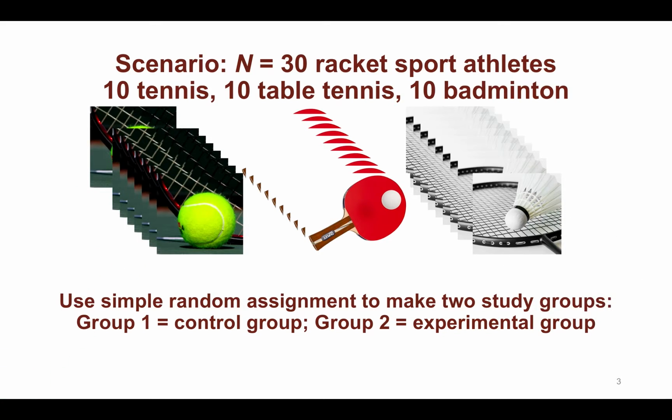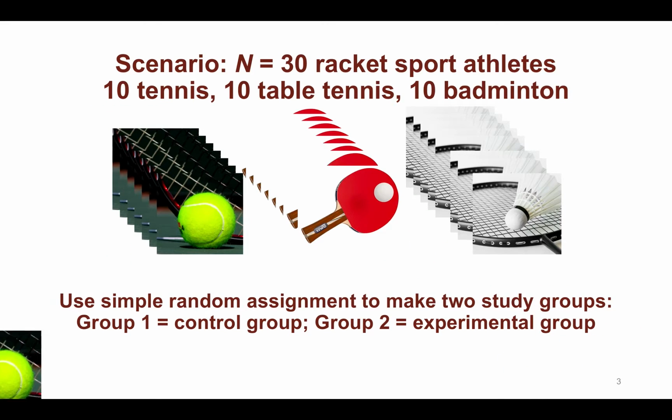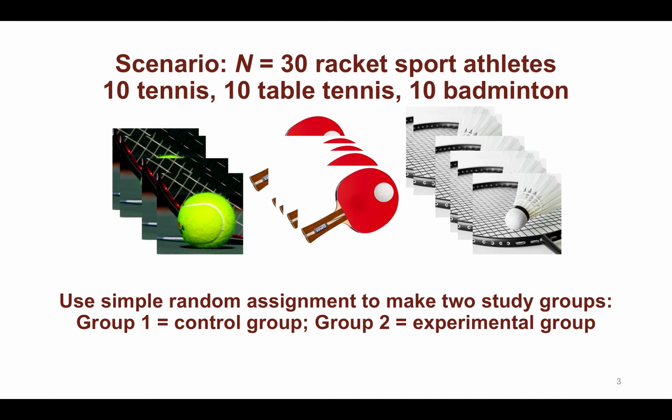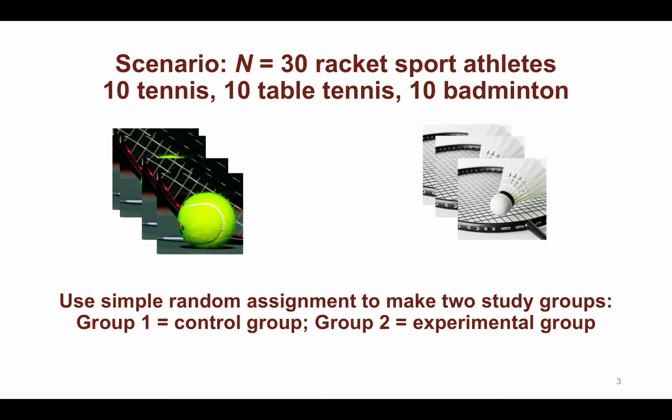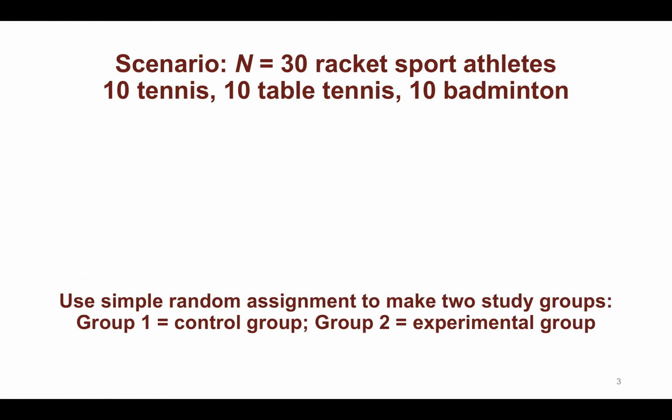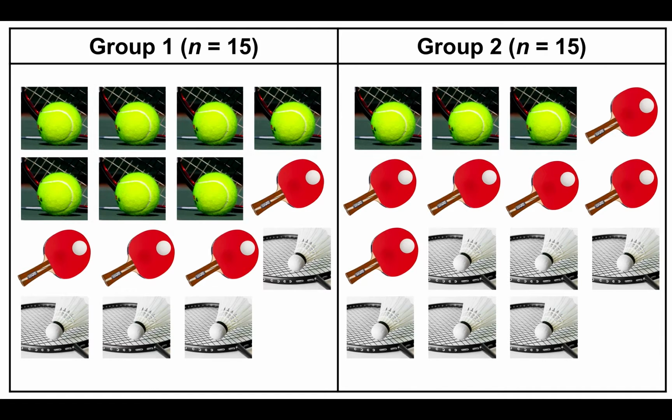So we can begin randomly drawing them into either Group 1 or Group 2. It's essentially like just flipping a coin for each person, and in this case I am going to take some steps to make sure that the two groups have equal numbers, so 15 in each group.